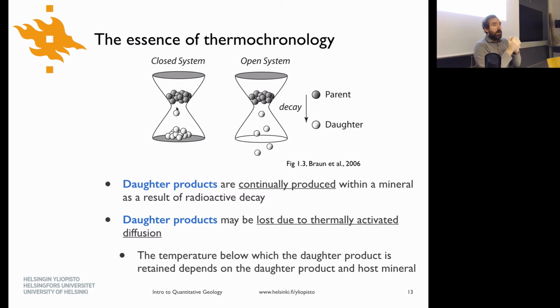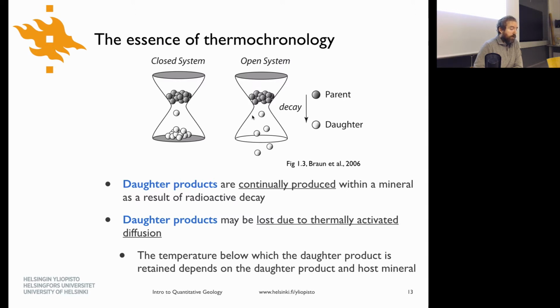What that means is that when there's decay of the parent isotope to produce some daughter product, the daughter product is trapped inside the crystal. That's one end member. The other is that we have decay of the parent isotope to produce a daughter product, and the daughter product is lost and diffuses out of the crystal over a fairly rapid time scale in terms of geological rates.